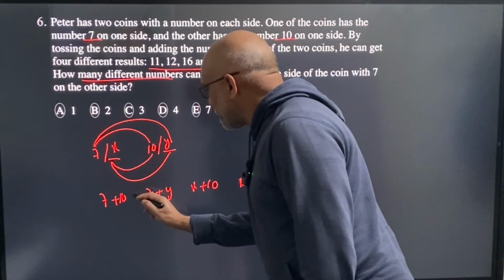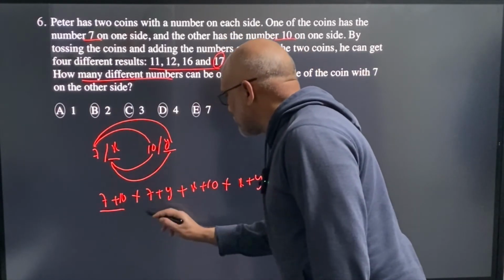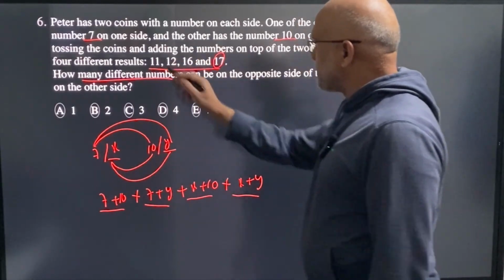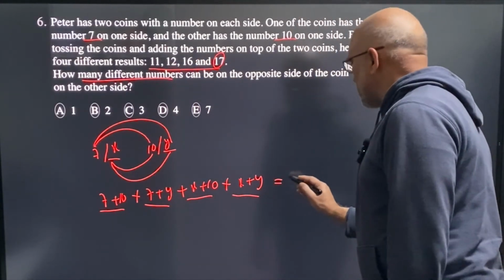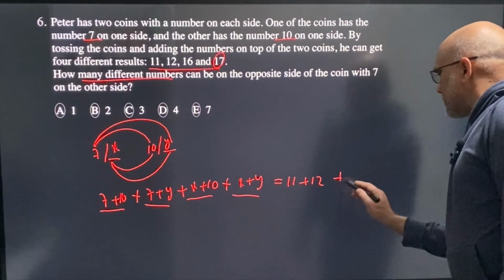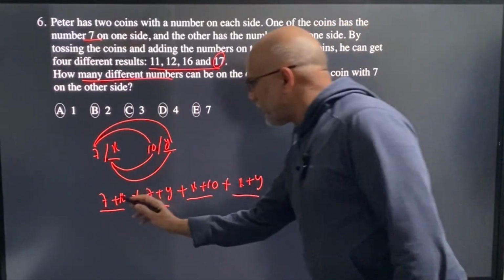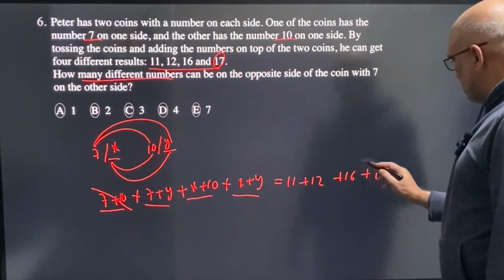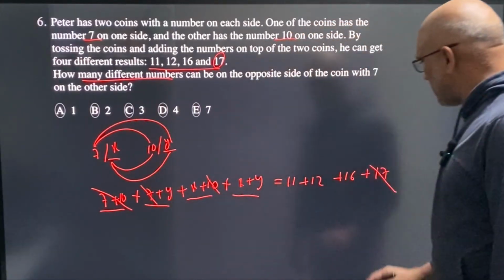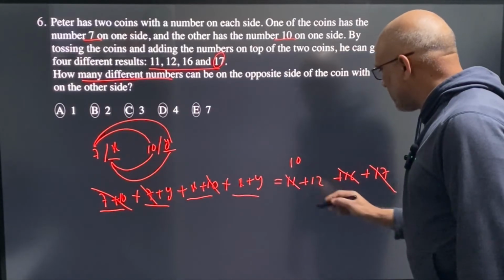So why not I try to add all the 4 sums. So this is one of the sums, this is the other one, and these should add up to these 4 numbers. So this should be equal to 11 plus 12 plus 16 plus 17. So 7 plus 10 is 17. 17 plus 10 and 7... 17 is 16, I borrow 1 from there, so remaining is 10.